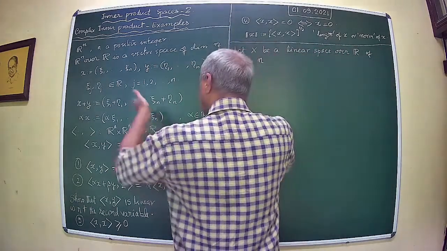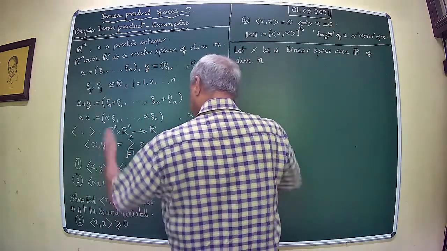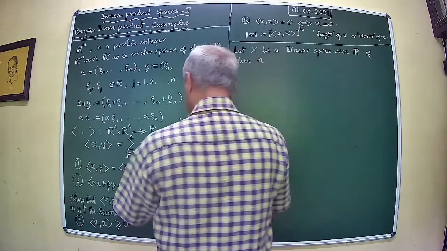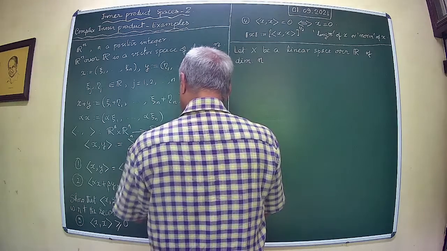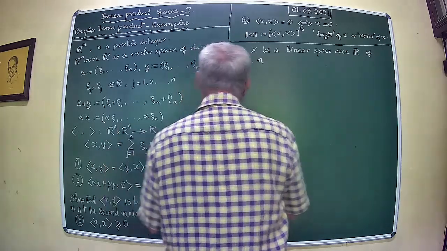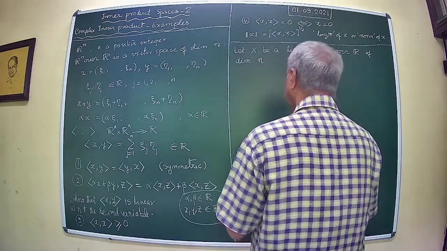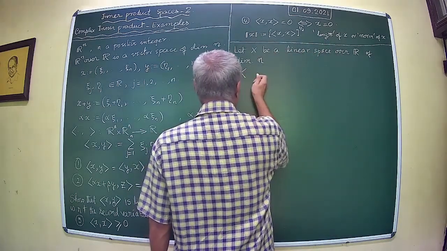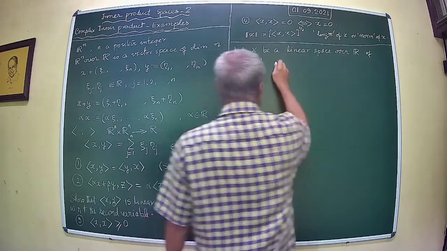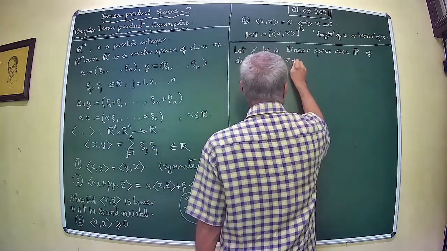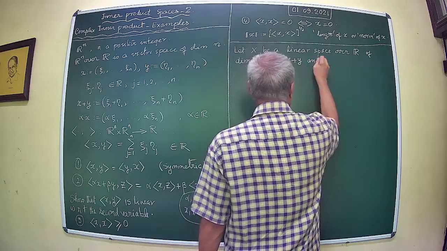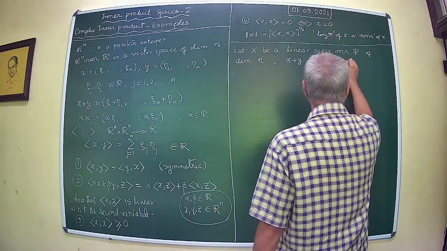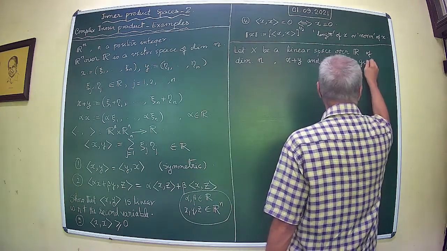Now the same four properties can be written out. Now we write, instead of writing for xy belonging to Rn, we write the following. So we have x plus y and alpha x are given.